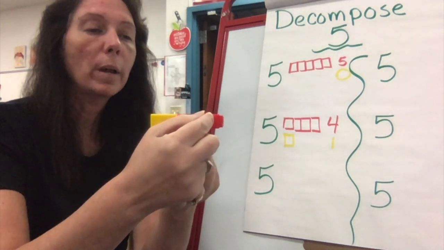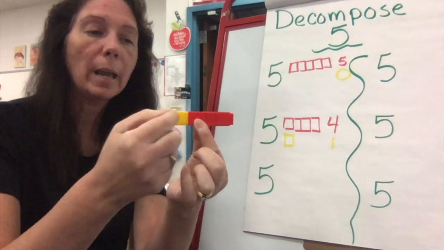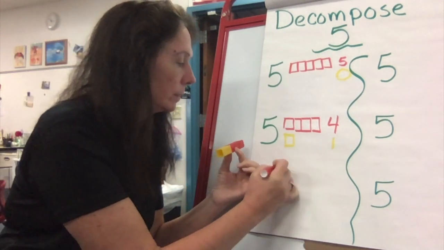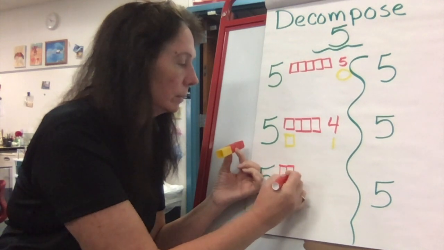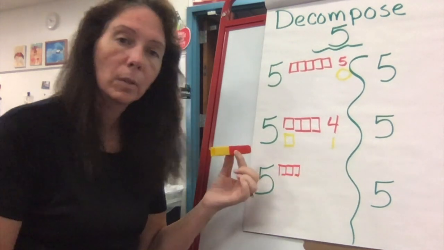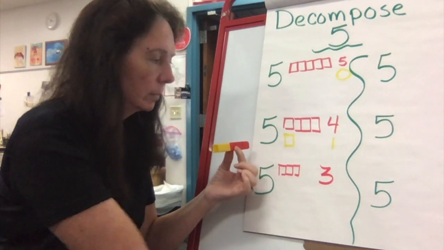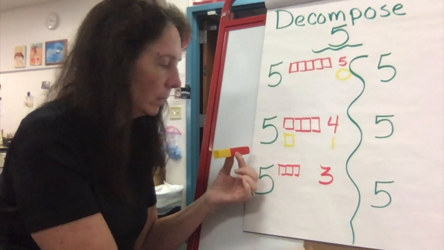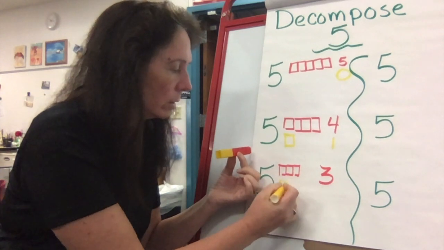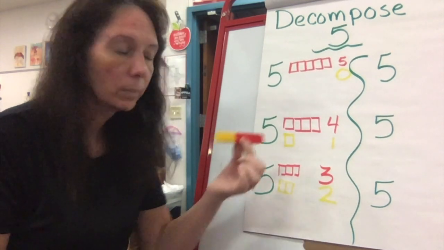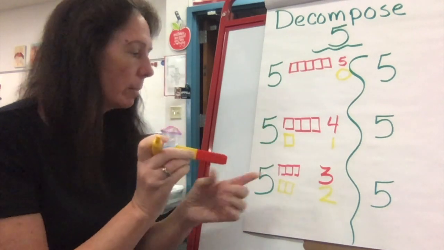It is now 1, 2, 3 red and 1, 2 yellow. So I can draw 3 and 2 make up the number 5.